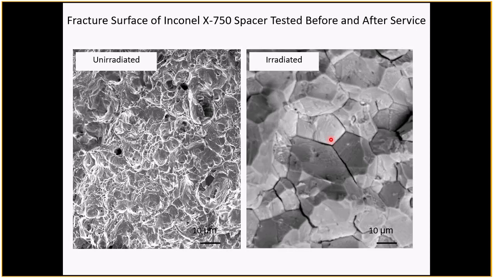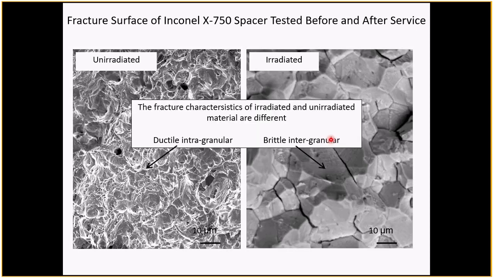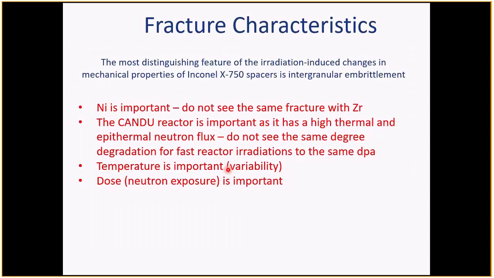If you're familiar with hot cells, these manipulators are not like RoboCop. They just have as much strength as you could impart with your own hands. It's just in the hot cell. If you could grab one of these things, you'd die, of course. But you could break them with your hands. So the fracture characteristics of the irradiated compared to the unirradiated material was brittle intergranular and ductile intragranular.